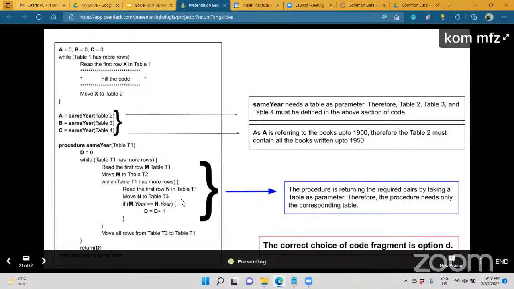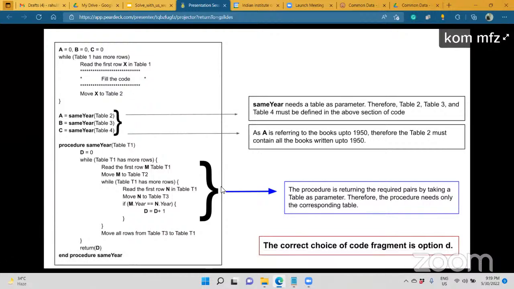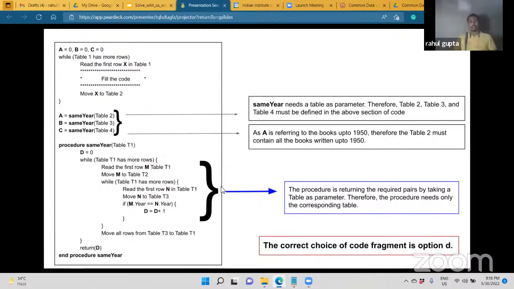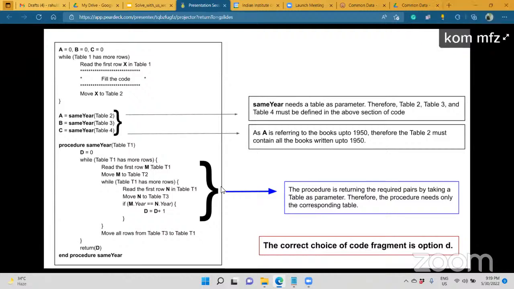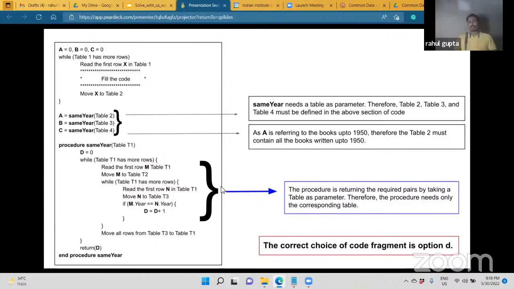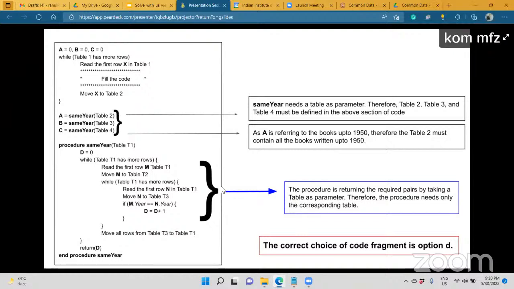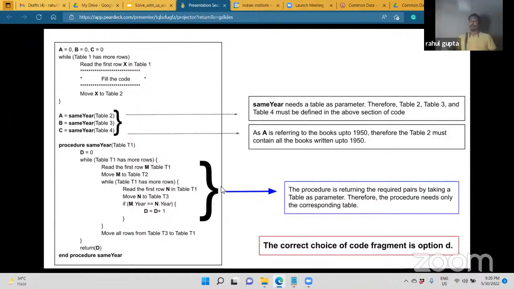Thank you. So we are counting number of total number in a particular table. Not total number. I mean, number of pair of books after binning, we are counting. Pair of books having the same year up to 1950.